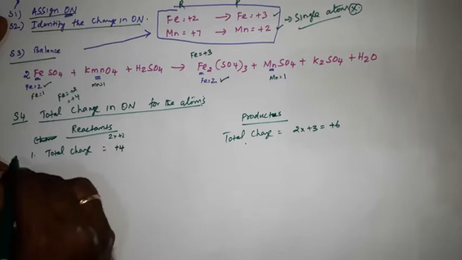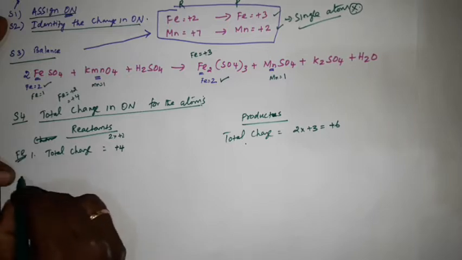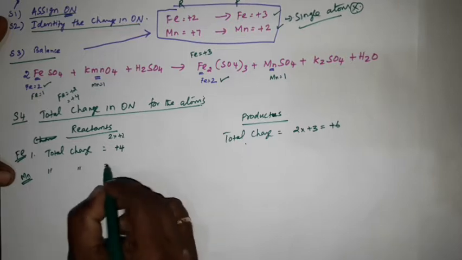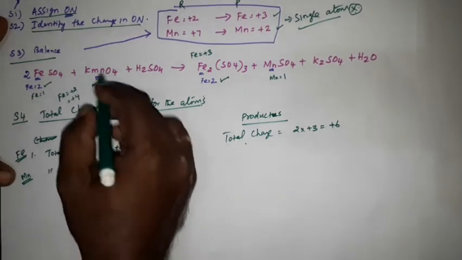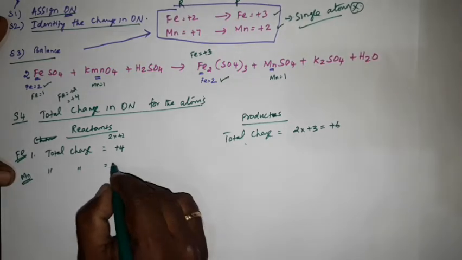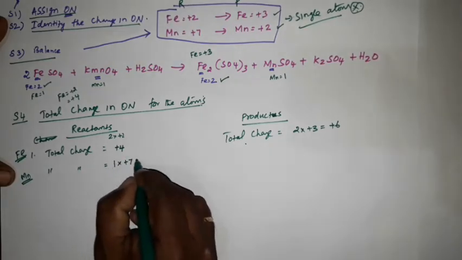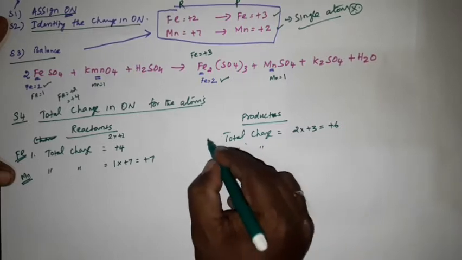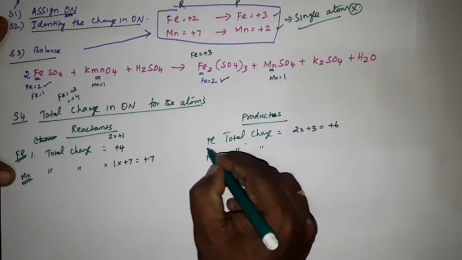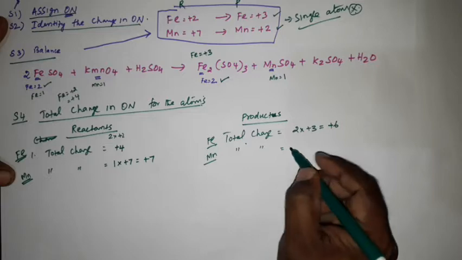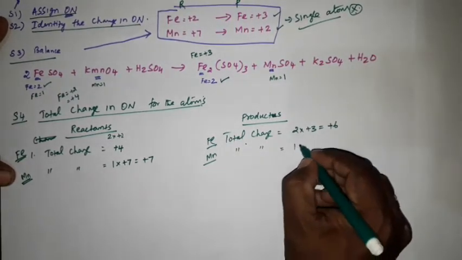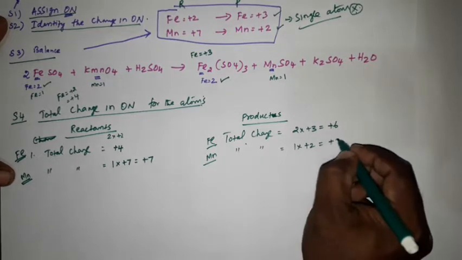Now next, this is Fe, then this is manganese. So total change in oxidation number, manganese here plus 7. So only one manganese, so 1 into plus 7 equals plus 7. Then here, for manganese, total change, here also only one, so 1 into plus 2 equals plus 2.